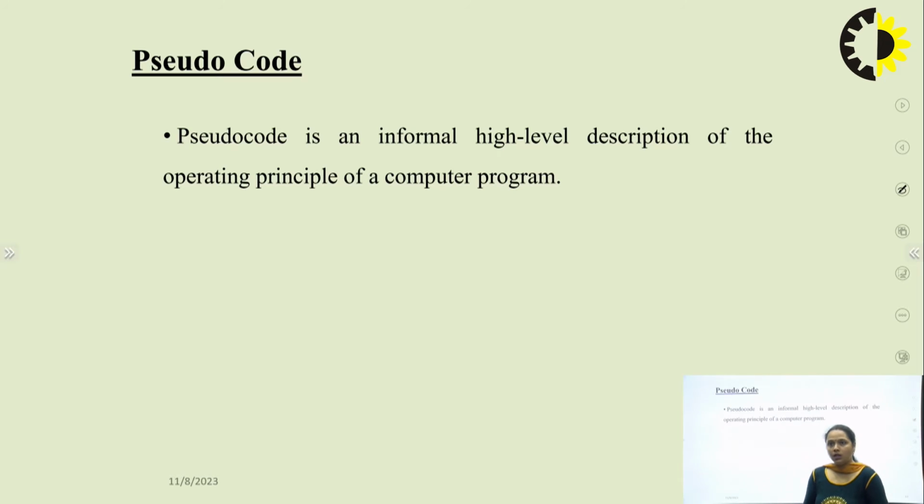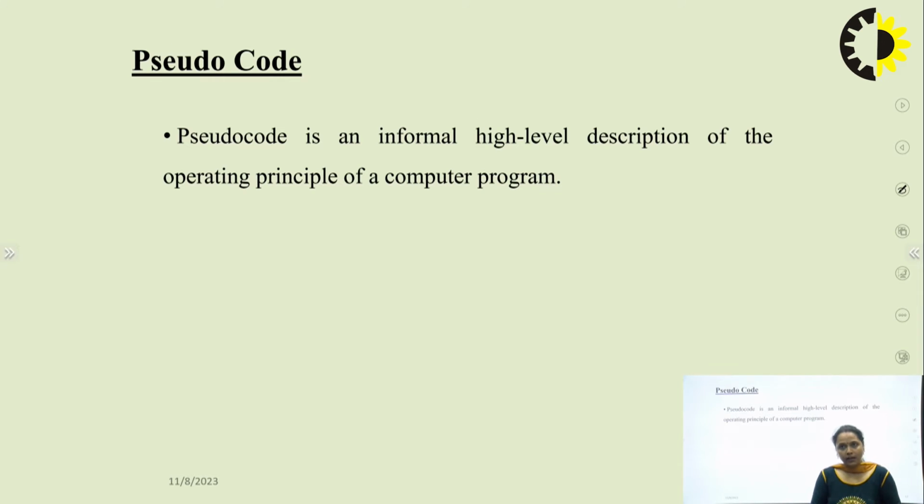But a pseudocode is an informal high-level description of a computer program. Means if I say from algorithm I have to design a program, in between I can design a pseudocode. So pseudocode is an informal way of writing a program which generally follows the syntax of the programming language in which we want to code the program.